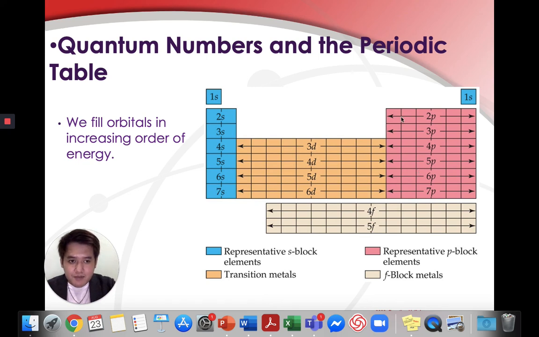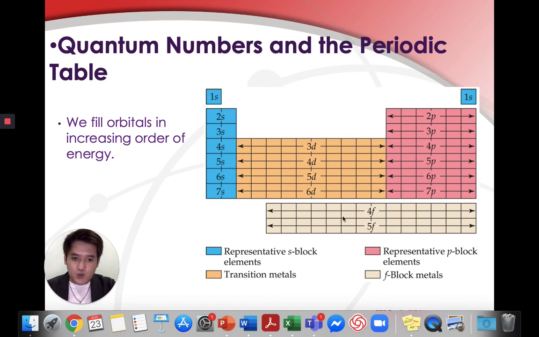The P block here has 1, 2, 3, 4, 5, 6 cells in the periodic table. Those 6 cells represent the maximum number of electrons that the P sublevel can hold. All right. The D has how many? It should be 10. Okay, 1, 2, 3, 4, 5, 6, 7, 8, 9, 10, representing the maximum of 10 electrons that a D sublevel can hold.